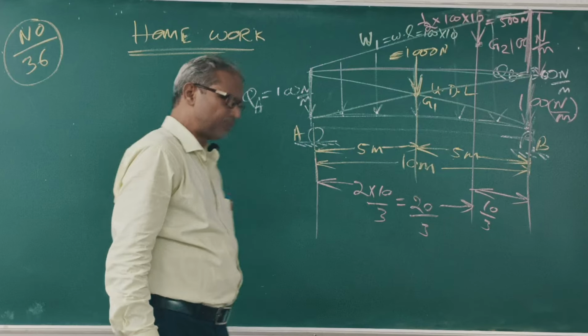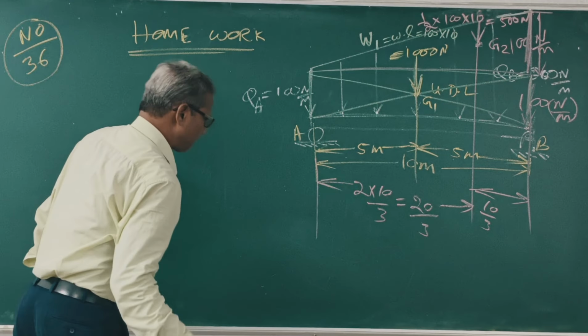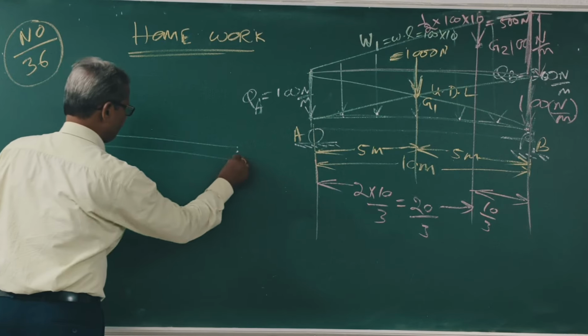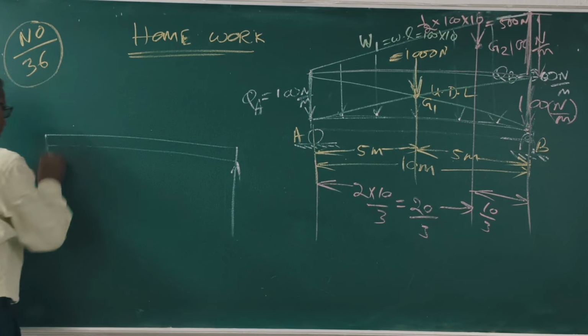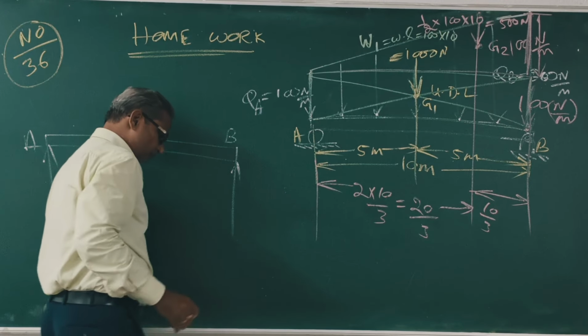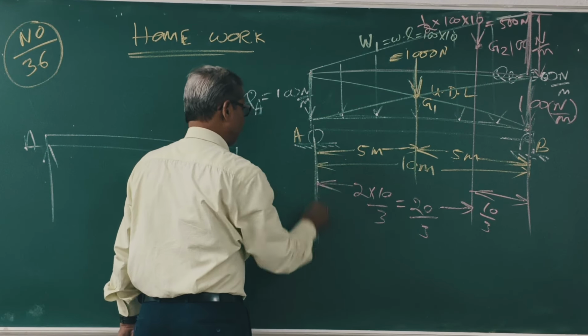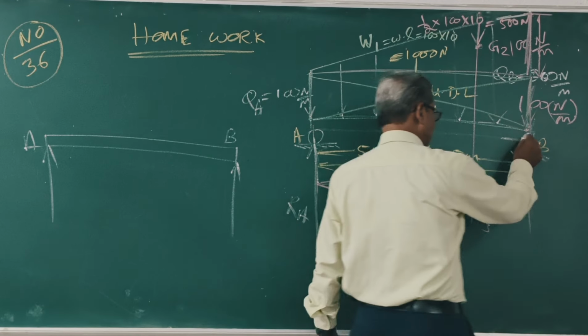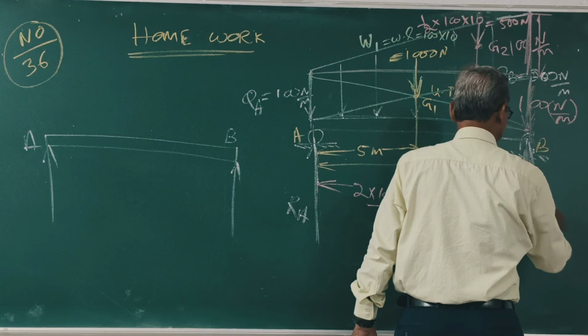Now, finally you draw the clear figure. Yes? This is the clear figure. This point A, this point B. This is reaction RA. This is reaction RB. Clear?